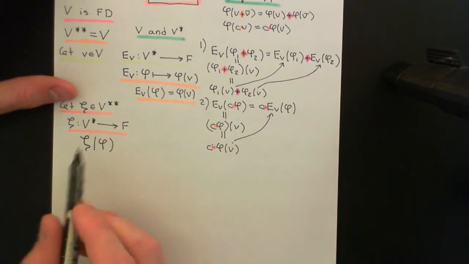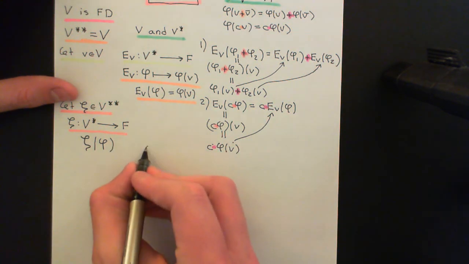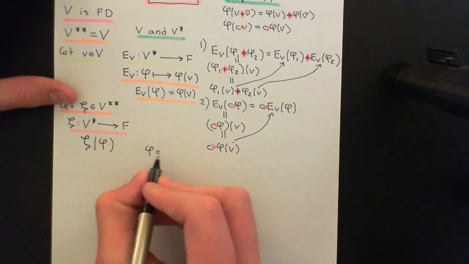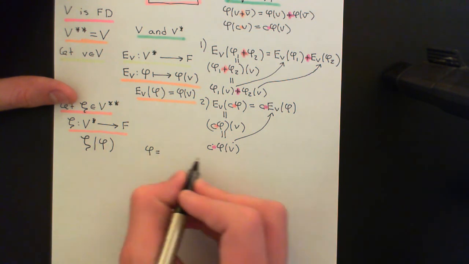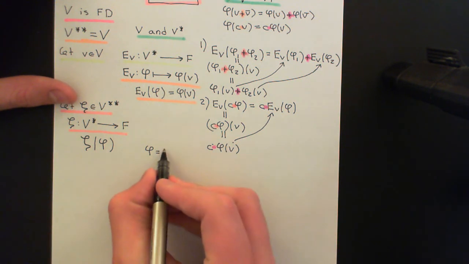Right. Now, we know that any covector in the dual vector space can be written as a linear combination of our dual basis vectors, so we'll do that for phi here. And this works very nicely because the linear combination that phi will be represented as according to these dual basis vectors will look like this.